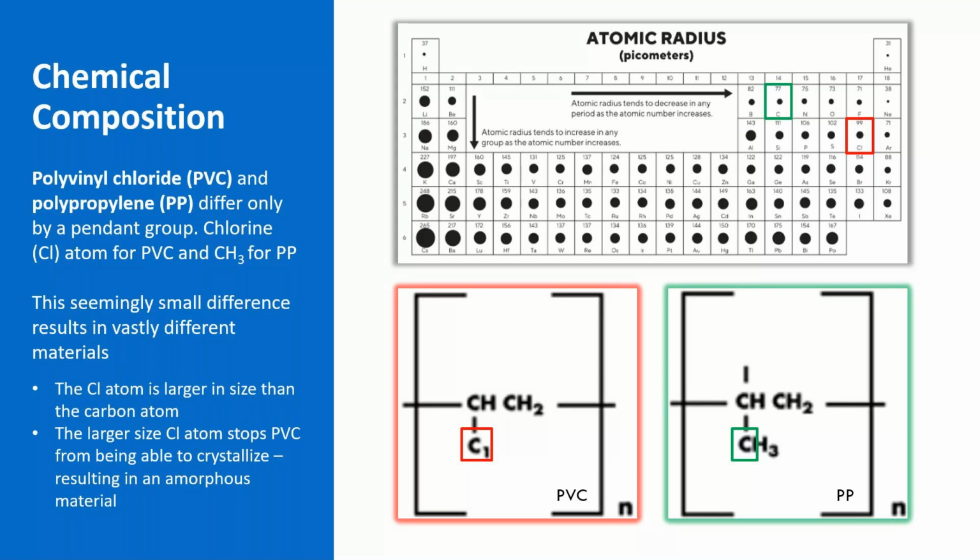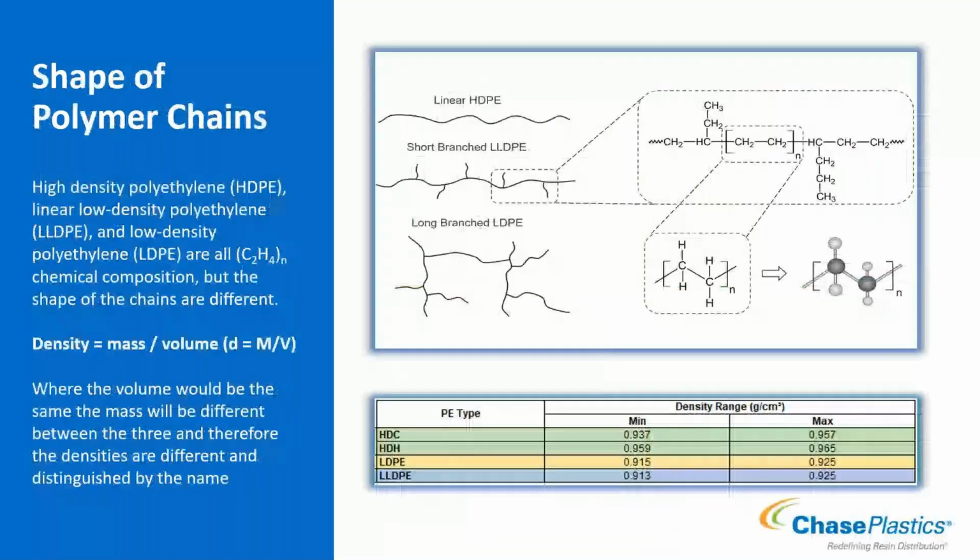Okay, so that's our chemical composition, different elements that are being used, different maybe arrangements of the elements. Now we're going to talk about the shape of the chains. The best example of that is going to be your polyethylene. Again, we go back 3-4 slides and it's just your CH atoms.